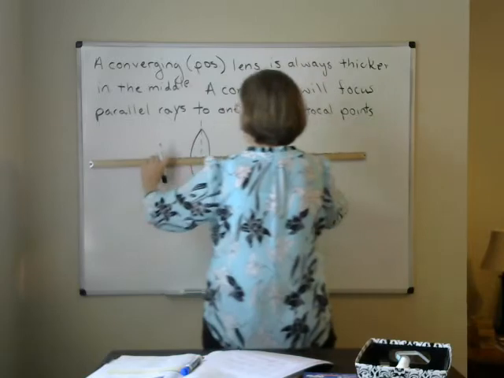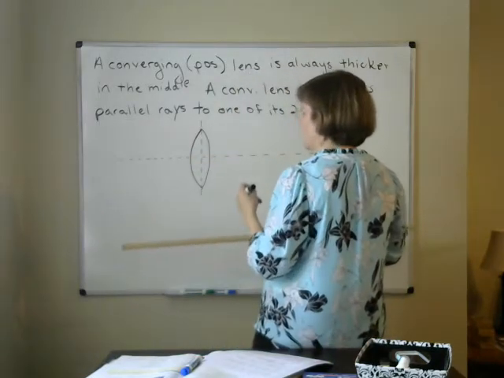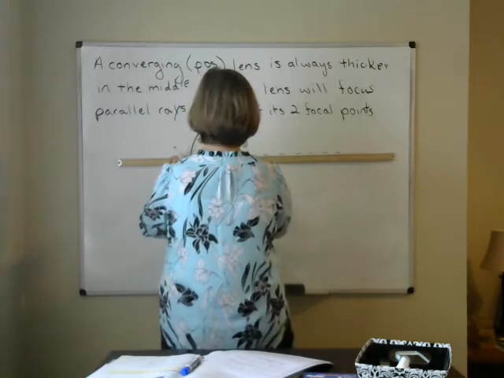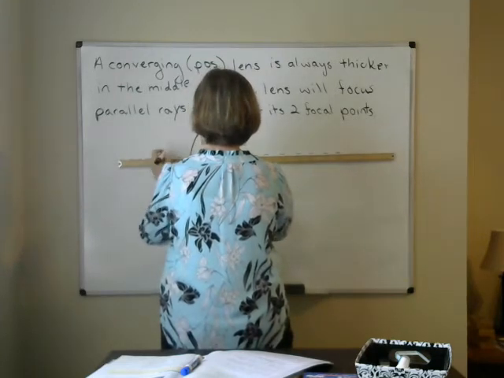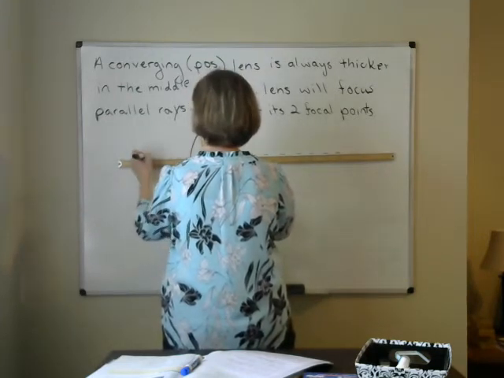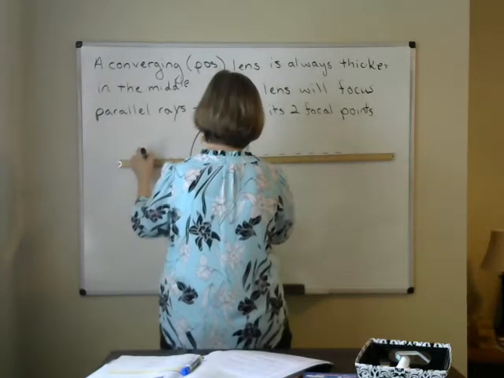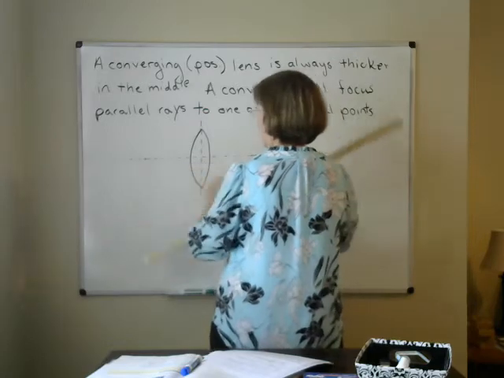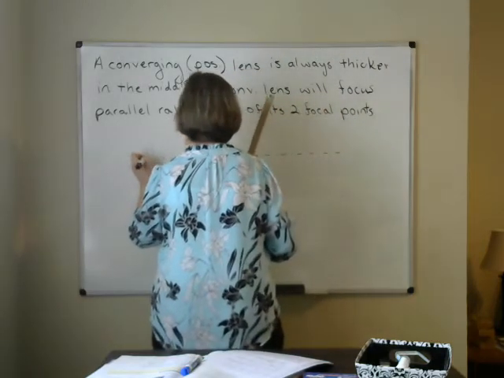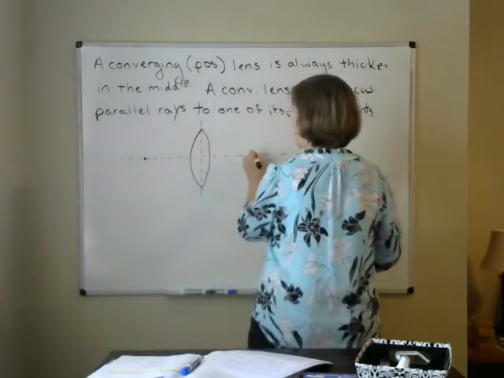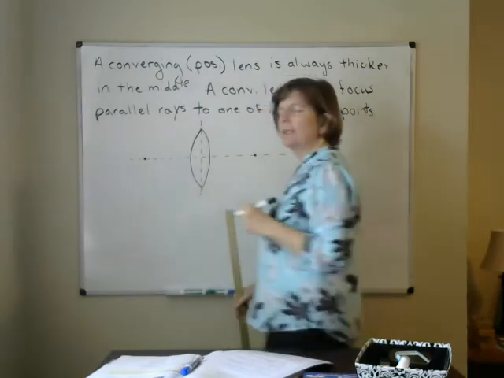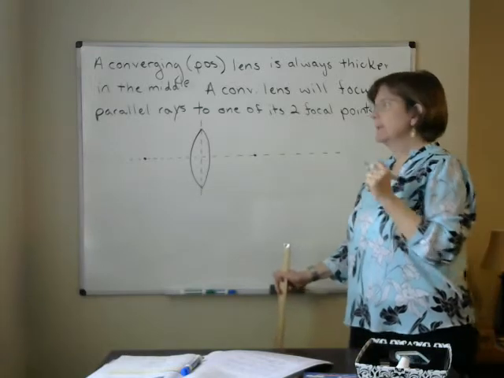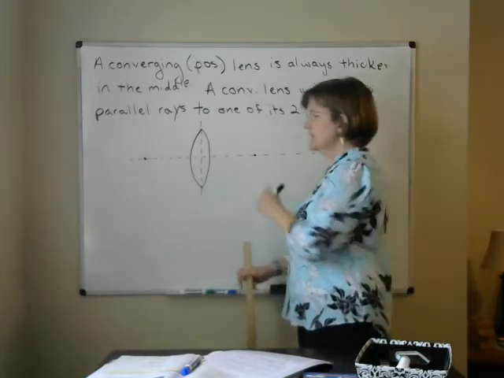Now, a thin lens has only one focal length. So if this one has a focal length of 20, that means I'm going to have a focal point here, and I'm going to have a focal point here. Even though one side's curved more than the other, when you have a thin lens, the focal points are located at the same distance from the center both ways.